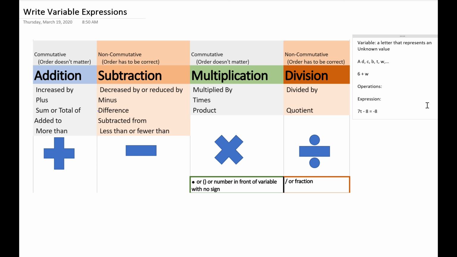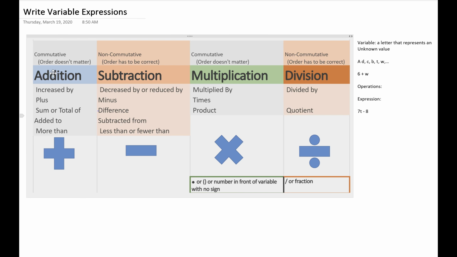So 7t minus 8 equals negative 8 would be an example of an equation. But right now all we have is an expression, just this unsolved expression involving a variable and its relationship to numbers.